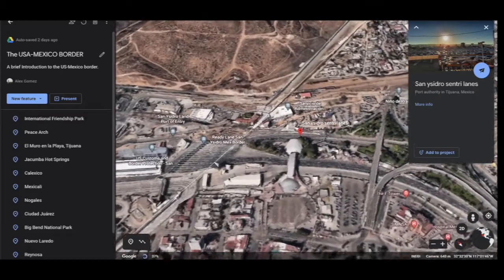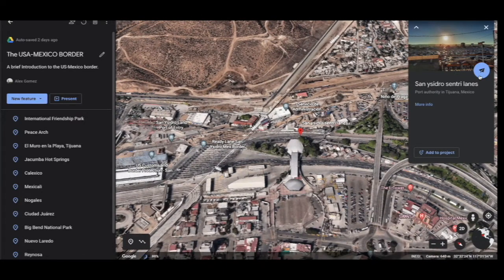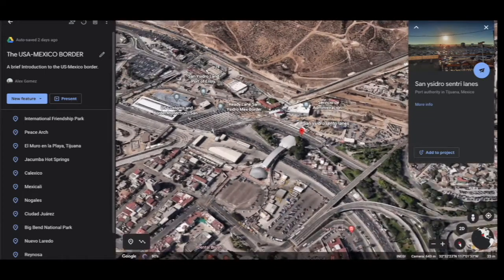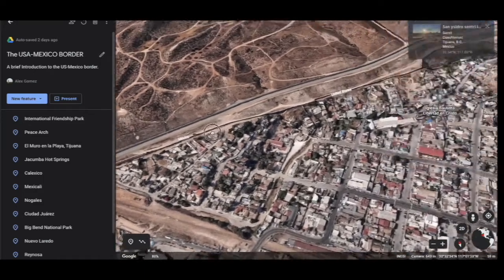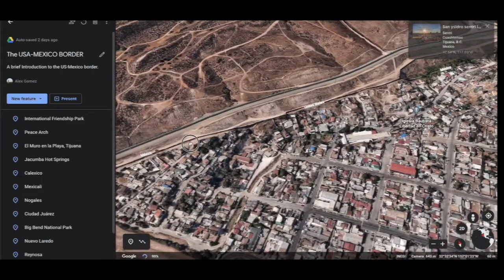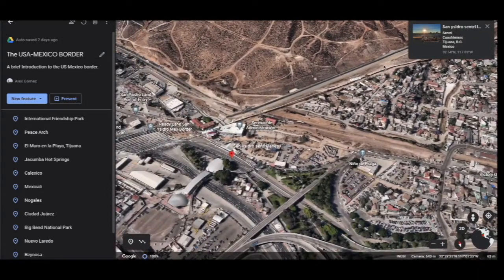So getting closer, think about it like we're flying a drone or you're flying on a helicopter, but this is how you enter. These are the lanes, and you have about 27 lanes that are open. And notice there's border fence continued. I feel that most of the region between San Diego and Tijuana is completely covered by the border fence.